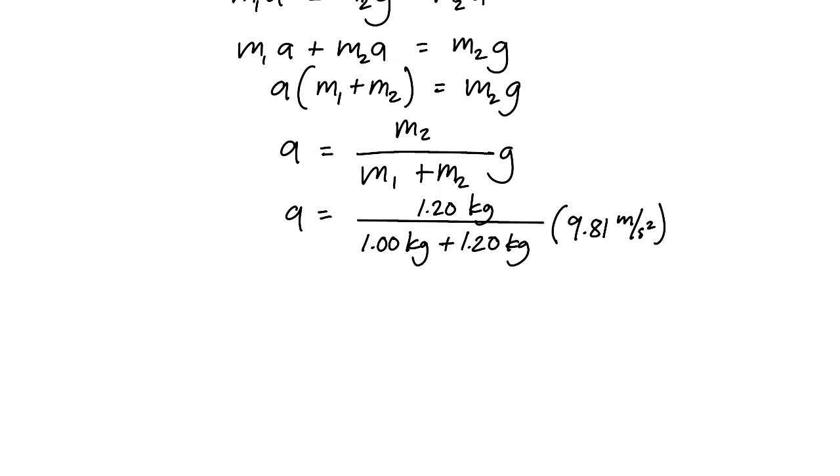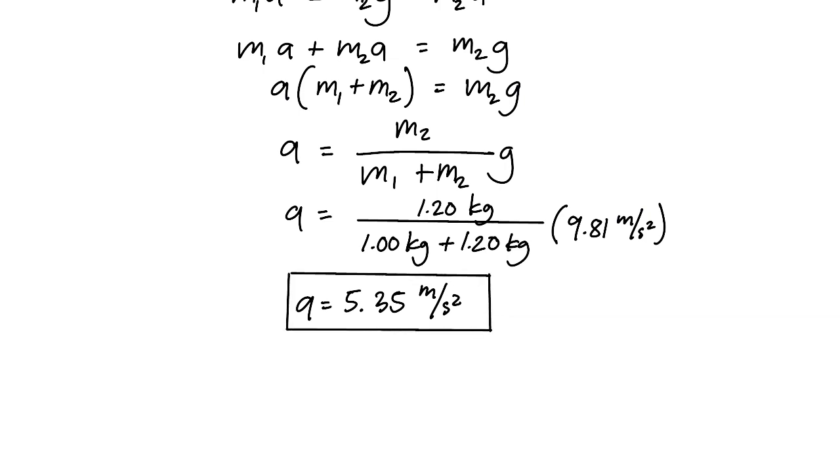If you plug this in to our calculator, we should get a value. Again, rounding off to 3 significant figures, we have 5.35 meters per second squared. So this is now the value for our acceleration.